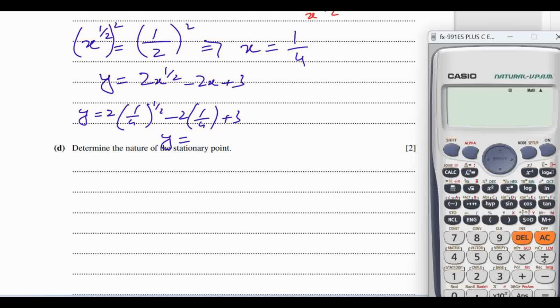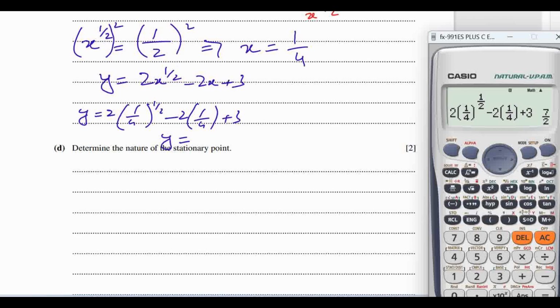So this will be 2 into (1 by 4) whole power 1 by 2, minus 2 into 1 by 4, plus 3.